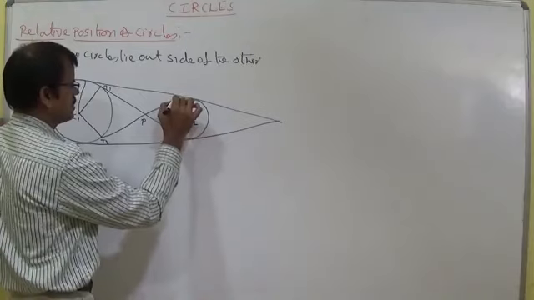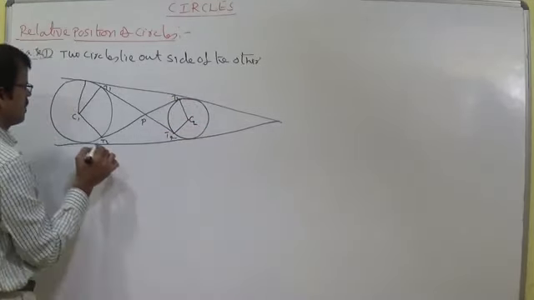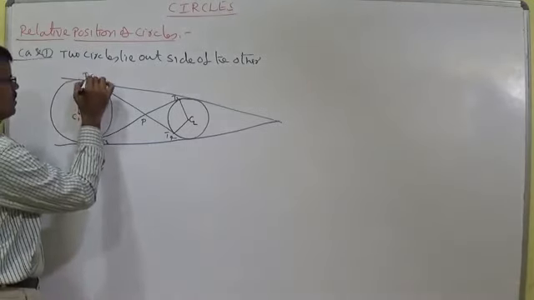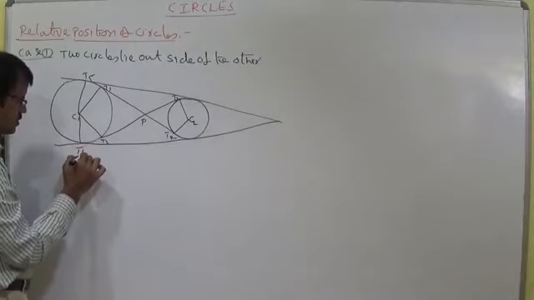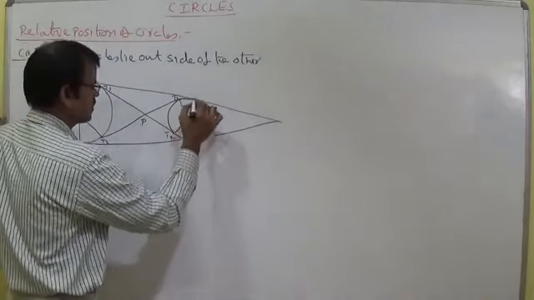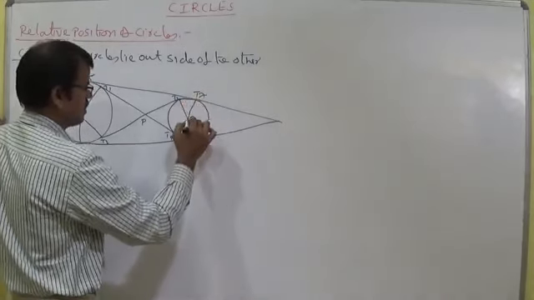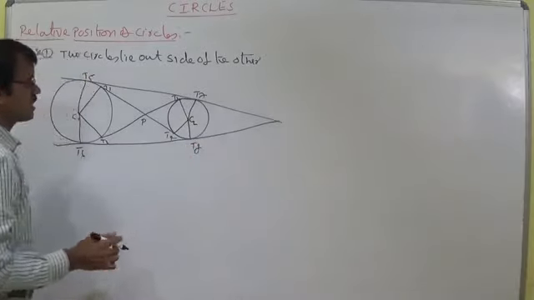This is T3, this is T4, this is T5, this is T6. Of course you can mention with any letter. T means tangent, students. This is T7 and this is T8, wherever the points of contact are formed.